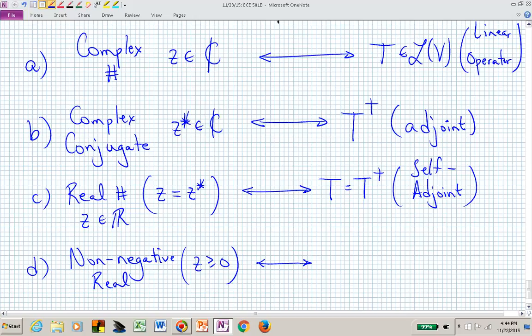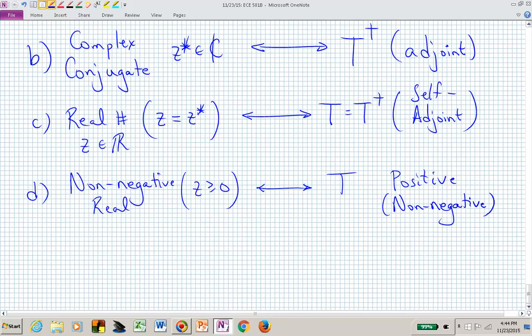So that now means that T was what? Positive, wasn't it? So now we have this positive operator, which the book says is maybe a little bit misleading. It's really a non-negative operator. But the convention is to just call it a positive operator, so we're just living with the convention.